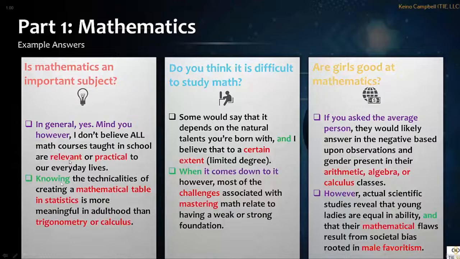Important deals with relevant, the word relevant, and the word practical. More meaningful, also a synonym for important. So you don't have to say a lot to be impressive. Two sentences that have great language is very, very impressive to an examiner. Okay, next question.